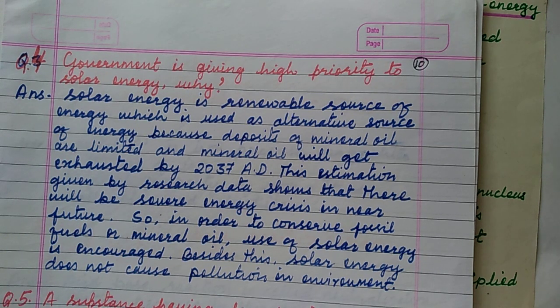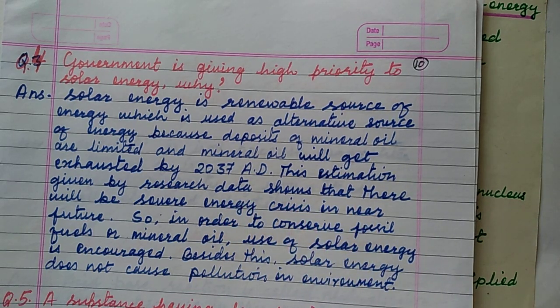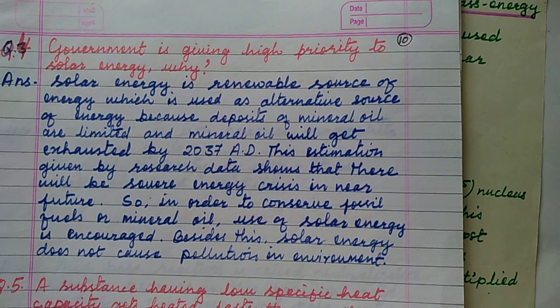This estimation given by research data shows that there will be a severe energy crisis in the near future. So in order to conserve fossil fuels, or mineral oil, use of solar energy is encouraged. Besides this, solar energy does not cause pollution in the environment. It is a perpetual source of energy. So this is a pollution free source of energy.